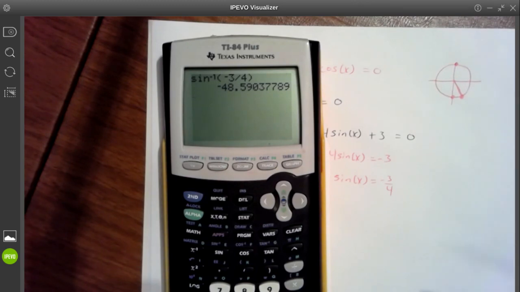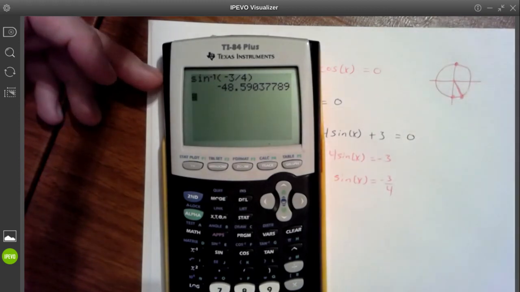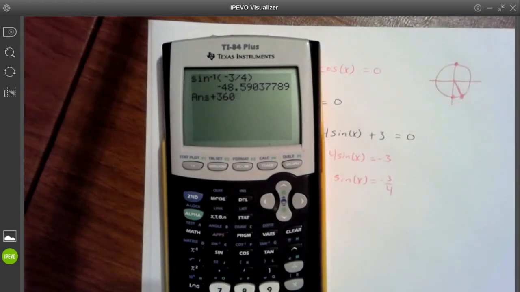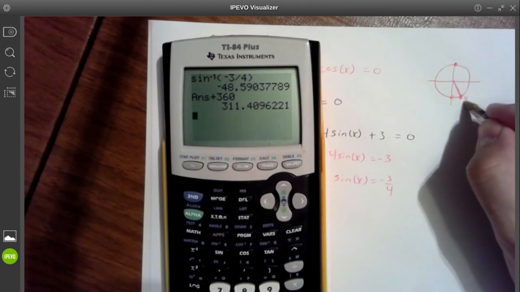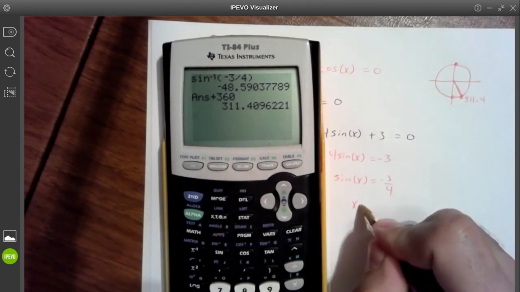But in the case of sine and tangent, you're always going to need to loop this thing back around. You're going to have to add 360 to it, because we want our base answers typically between 0 and 360. So this is 311.4. That's one of our answers.